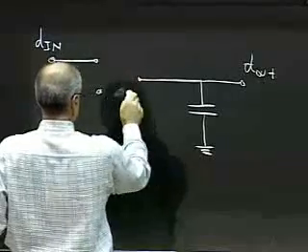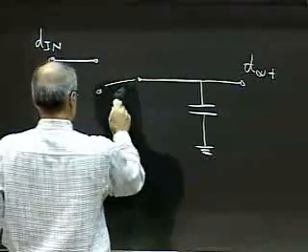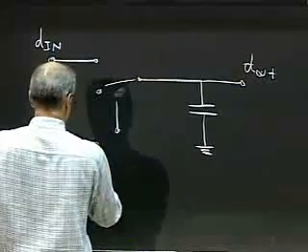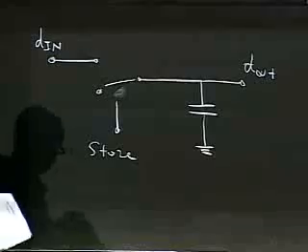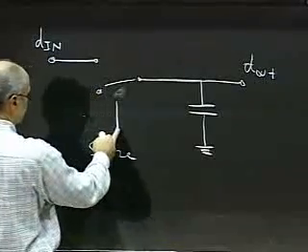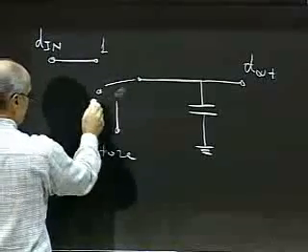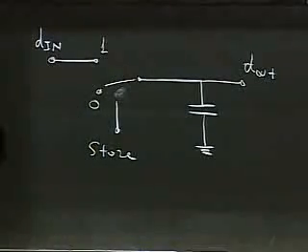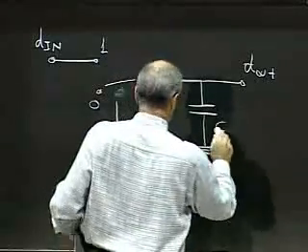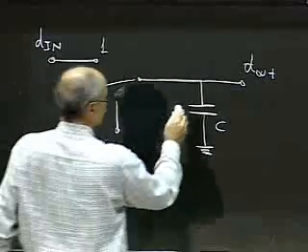And the switch is operated by a command here that we will call store. So when store is 1, okay, when store is 1, it goes up. When store is 0, it is down here. That's capacitor C. So this is the storage node.